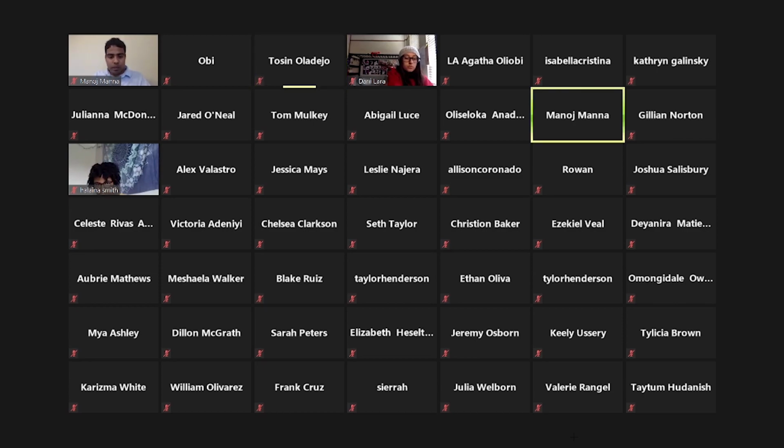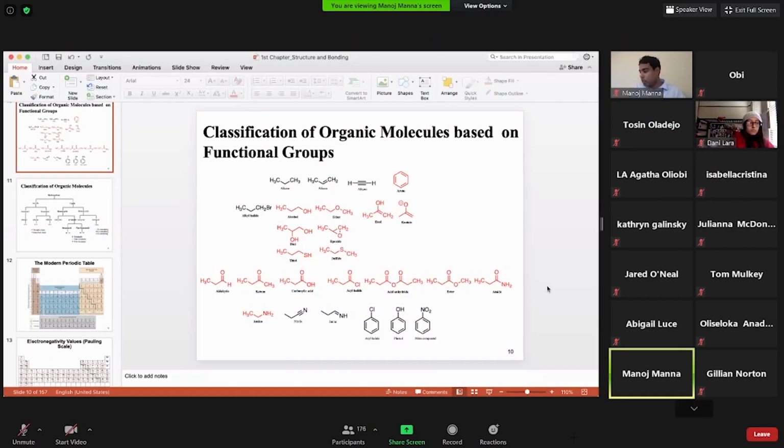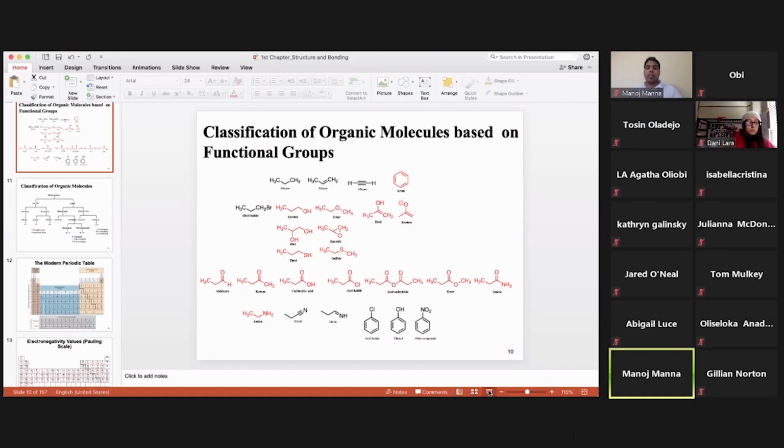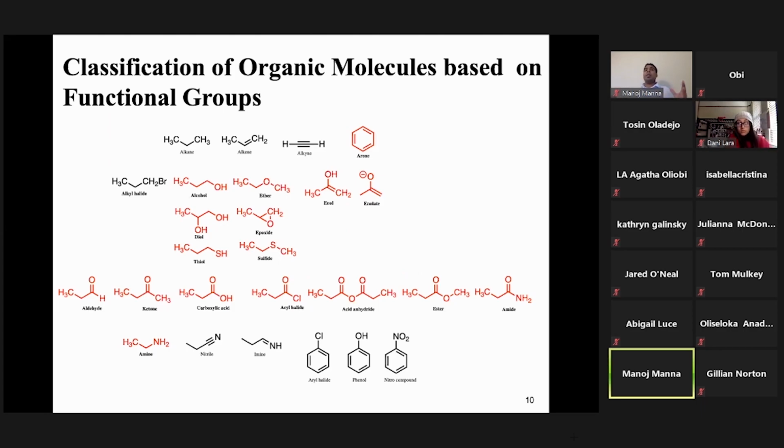So now I want to show you something very important, because we have started from scratch. Based on our knowledge of hybridization, covalent bonds, and the major atoms, hydrogen, oxygen, nitrogen, and carbon, we can now classify organic molecules into different classes.